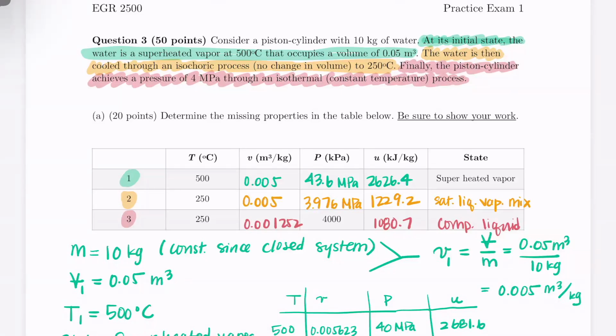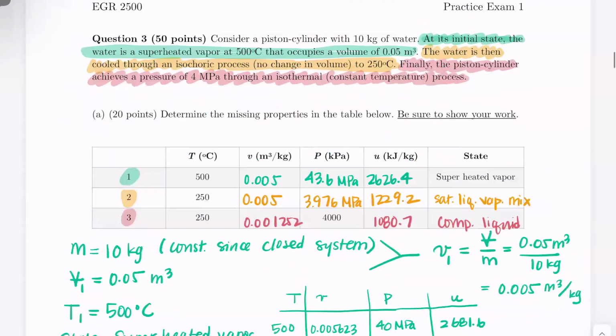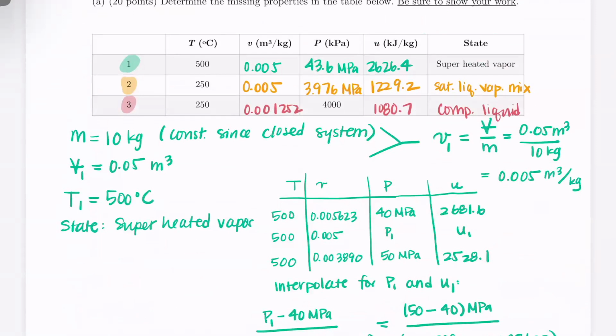Can you explain why for state 3 it's compressed liquid? Oh, sure. Let me remind myself. So we have 250 and 4 MPa, right?